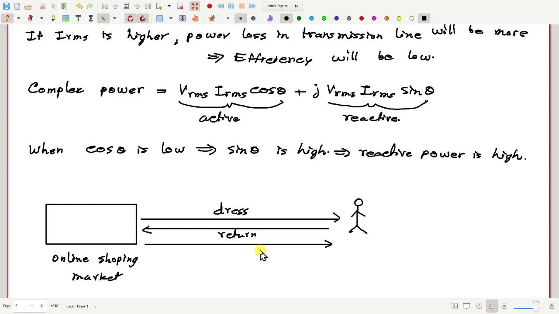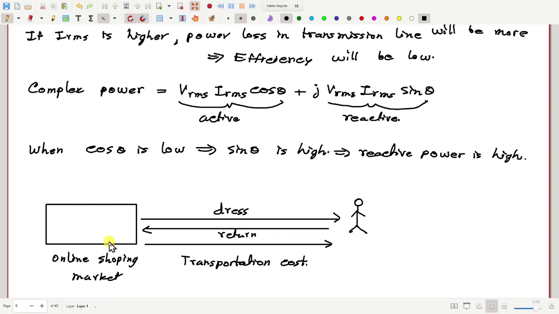But you have to also keep in mind that there is some transportation cost involved for the dress to come to me and return back 10 times. So that is a loss for the shopping market.